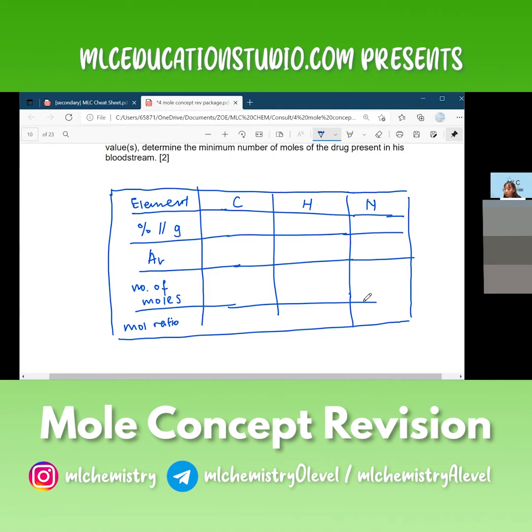If you look at your worksheet, it says that I have 74.1% of carbon. And then hydrogen is 8.64. And you realize that nitrogen percentage is not given. But if it's a percentage, it's quite easy. 100% minus 74.1 and 8.64. So you will get 17.26, this percentage.